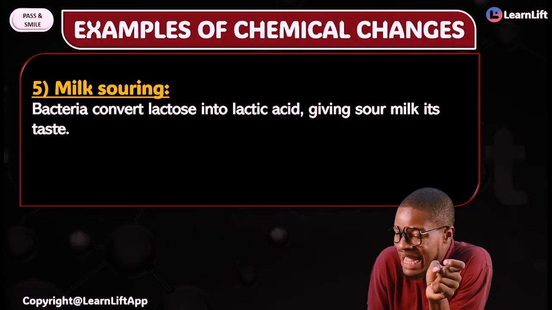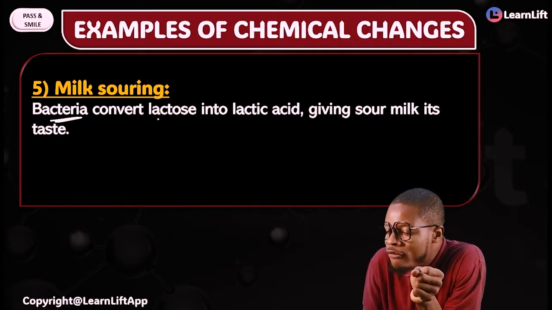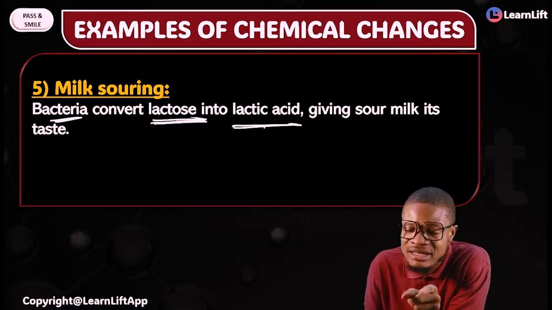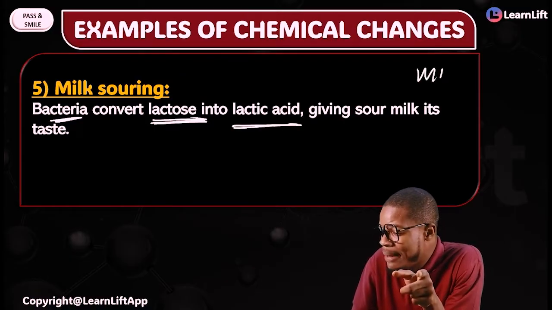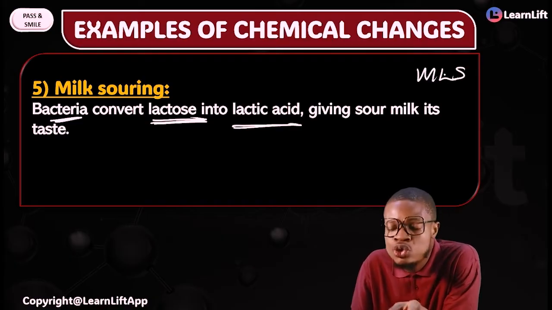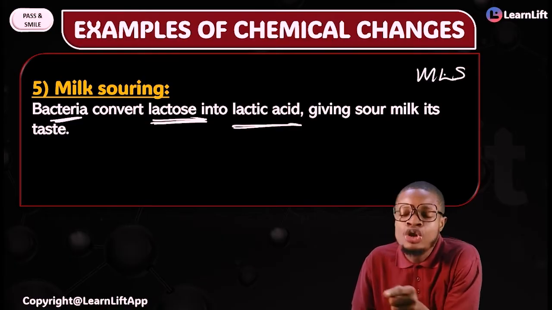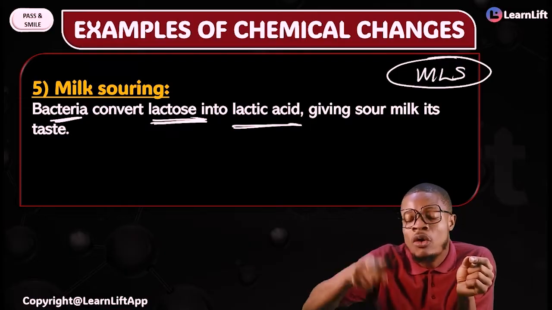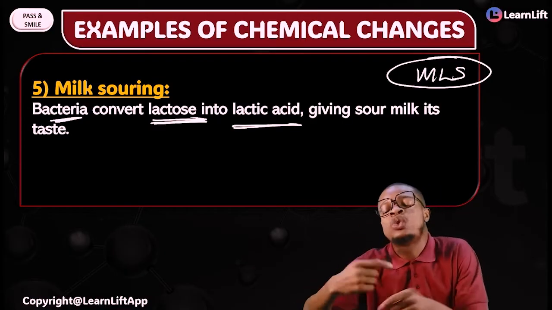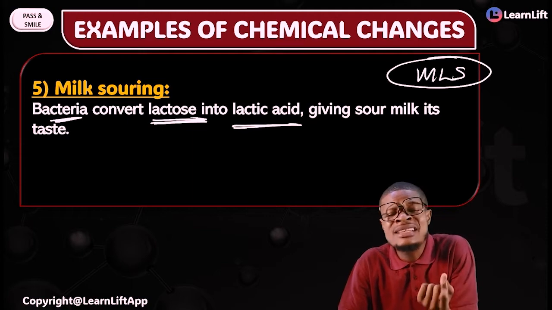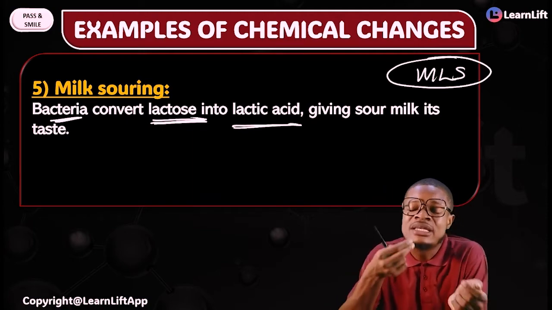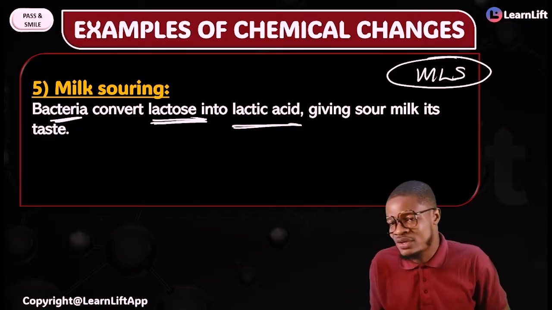Now this is it. Bacteria in that milk is what converts lactose into lactic acid. Hold on. I told you something about MLS, maltose, lactose, sucrose, right? These 3 of them, they are disaccharides. Bacteria will convert lactose into lactic acid, and the presence of that lactic acid is what makes the milk sour, and that's what gives the milk the sour taste that you observe.